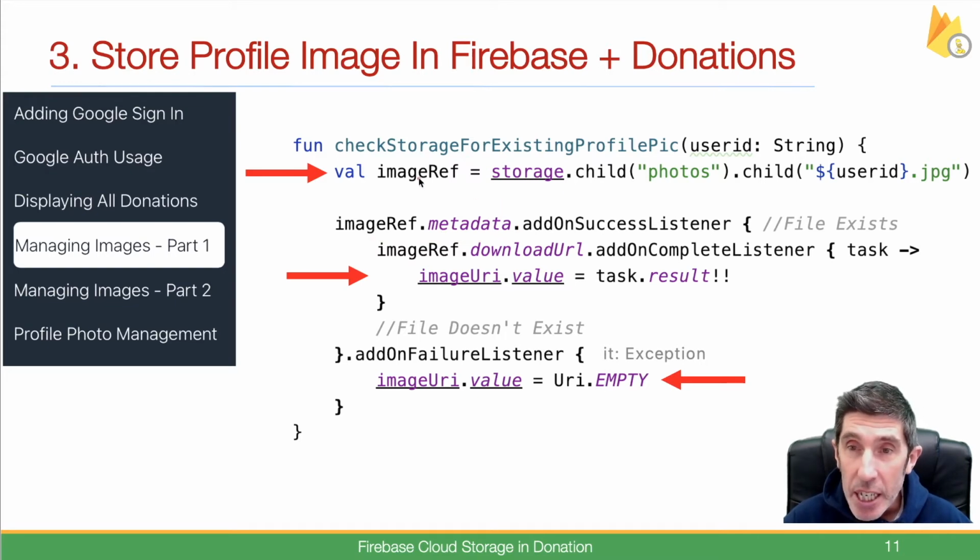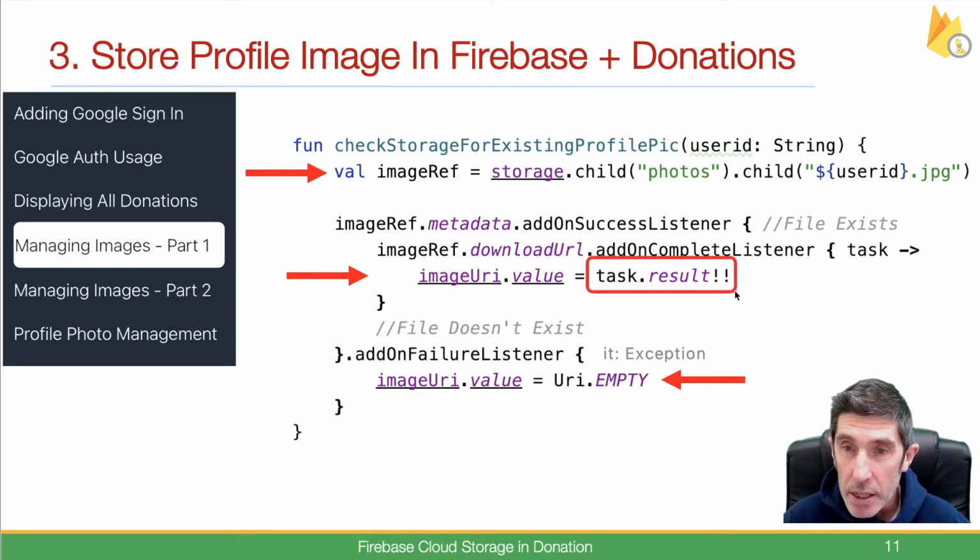So if the image exists, we get the add-on success listener triggered, which in turn we actually download it. So we can get at that download URL, and once that completes, again, this is all taken directly from the developer docs, we update the image value URI with what was pulled down.